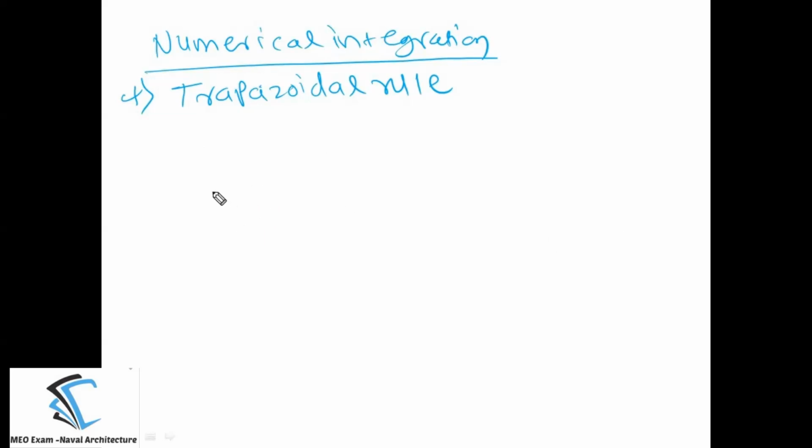Consider that I have one area with me. Consider some area is there like this, and instead of that I will take a little bit of curve.